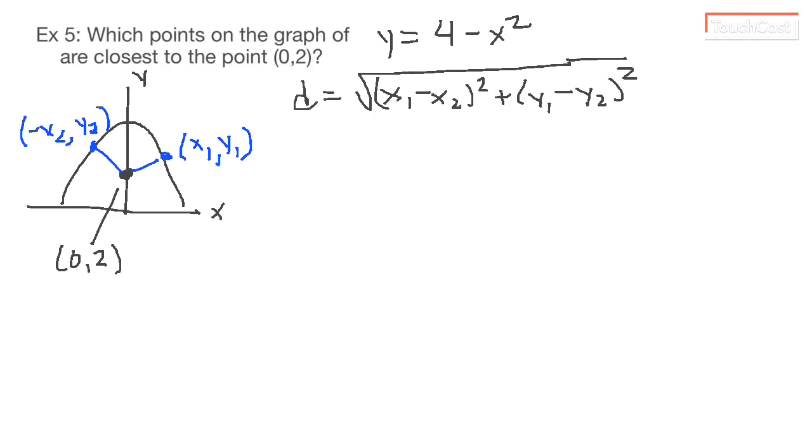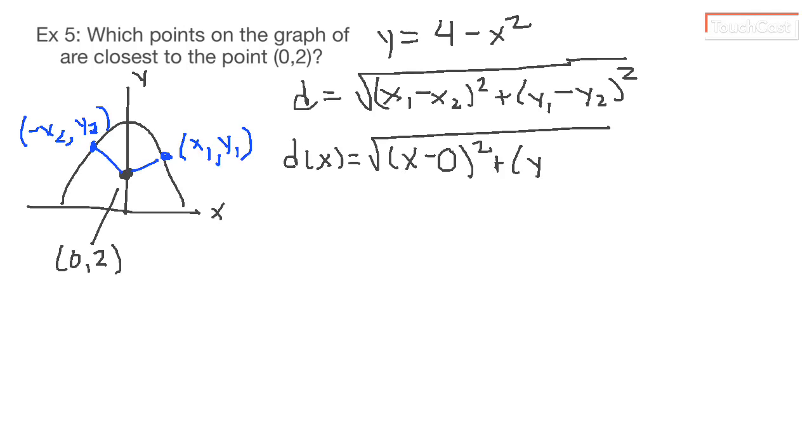So let's just write a distance function. We'll call it d of x is equal to the square root. We're not going to call it x1 anymore. We're just going to call it x minus 0, because that's the x-coordinate of 0, 2 squared, plus, we'll just call it y now, minus 2 squared, but we know an expression for y.